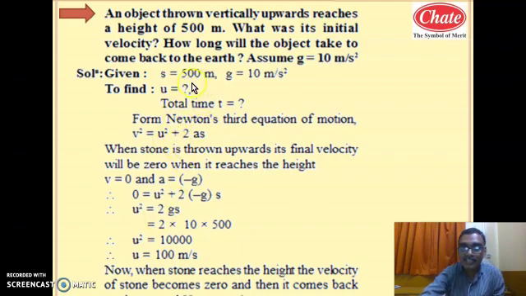As s is given and we have to find u, we use the s-u relation, which is the third equation of motion. Using Newton's third equation of motion, the velocity-displacement form, v² = u² + 2as. Remember, in Newton's equations of motion, acceleration is always constant.